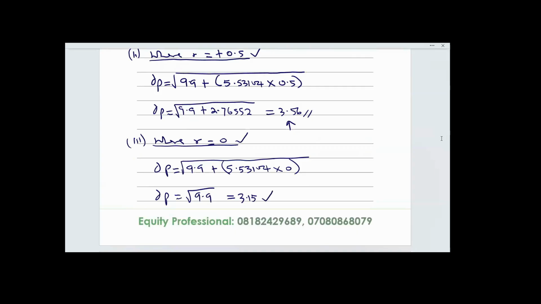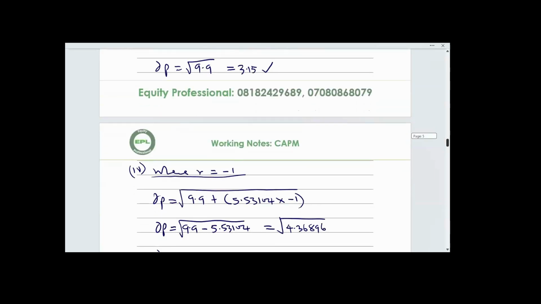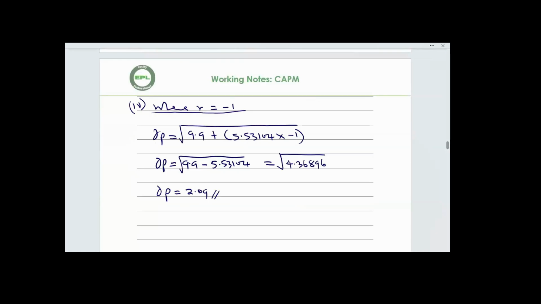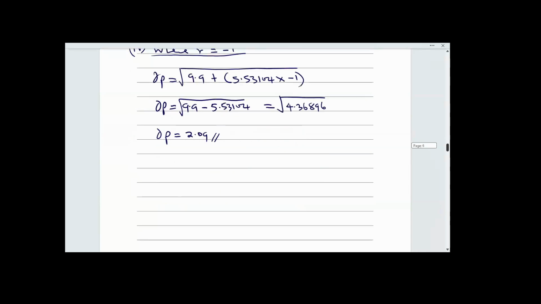Then the last one, when the correlation coefficient is perfect negative 1, the risk of the portfolio reduces further to 2.09. The conclusion is that the higher the correlation coefficient, the higher the risk, and vice versa.